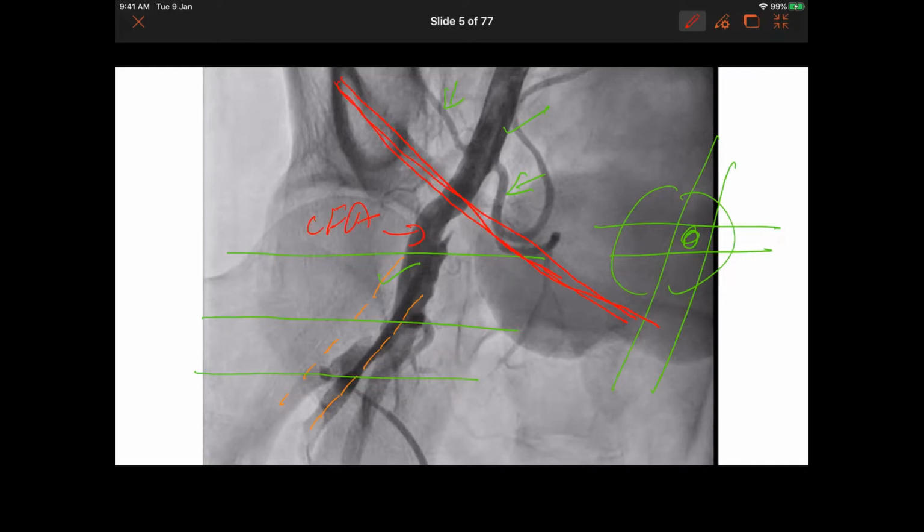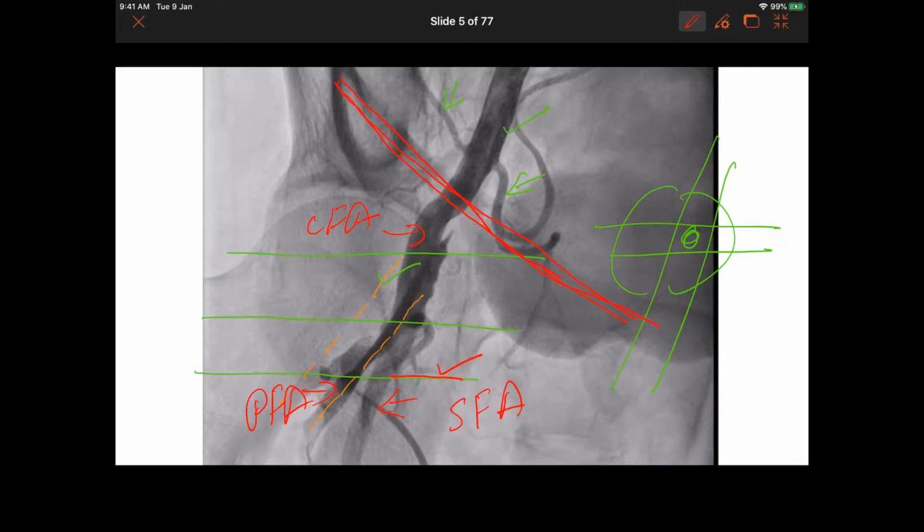I'll discuss that later. So you see here that the common femoral artery divides into the superficial femoral artery and the profunda femoris artery, just at the inferior border of the head of the femur.